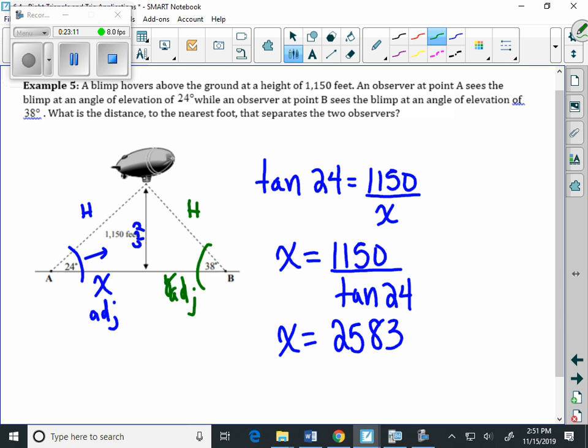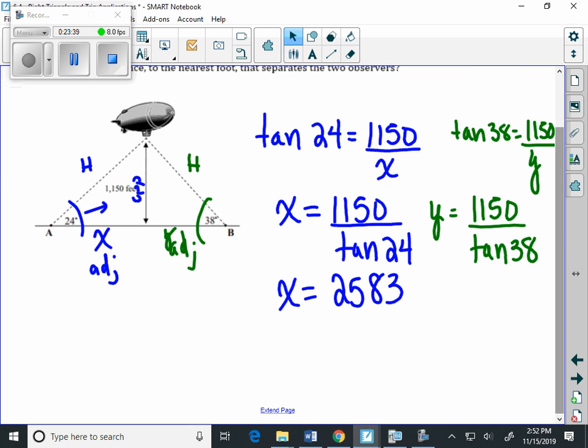And I'm going to call that length y. So when we set this up, it's going to be the tangent of 38 equals the 1150 divided by y. And again, when the variable is down low, we need to switch a row. So this is going to become y equals 1150 divided by tangent of 38.